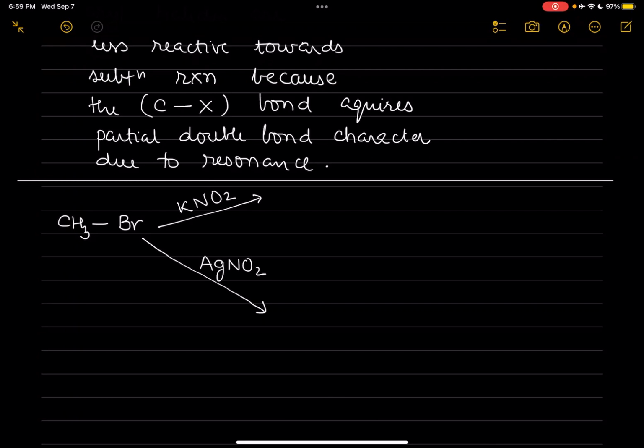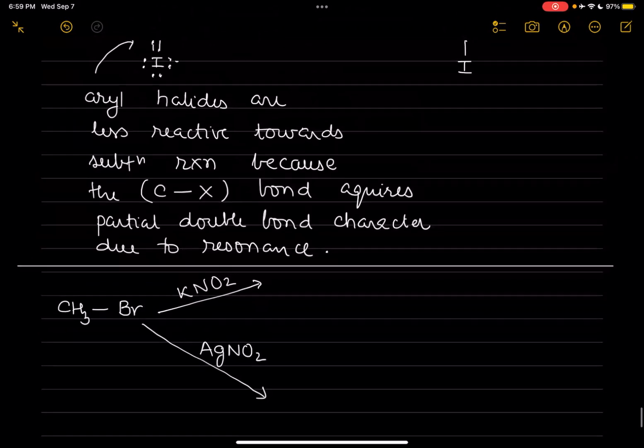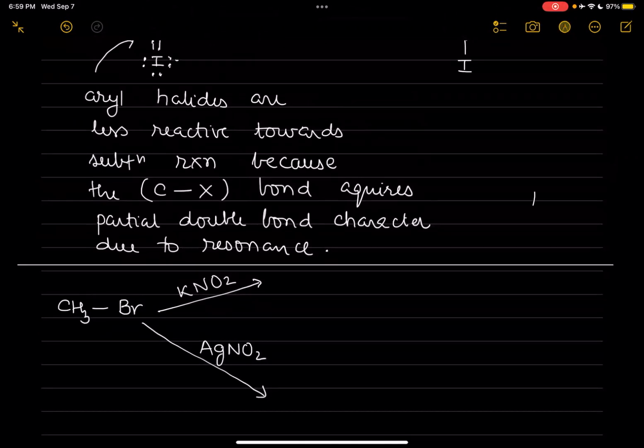Same thing, but you need to know the structure of NO2. It's NO2 minus. I will show you one structure of NO2 minus.